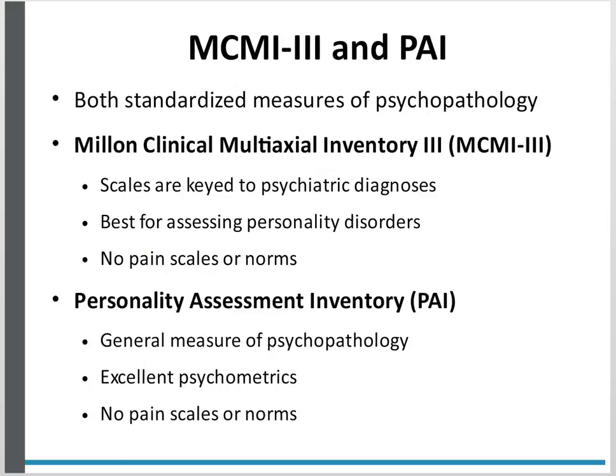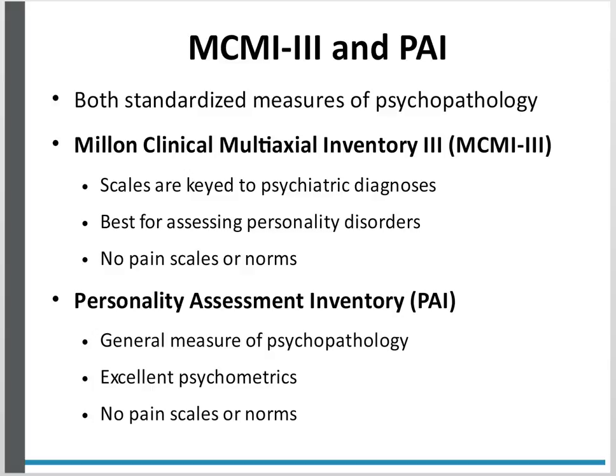Like the two MMPI tests, the MCMI-3 and PAI are both psychiatric tests designed initially to assess psychiatric patients. Again, all of these tests are standardized. The MCMI-3 has particular strength, though, with the assessment of personality disorders.